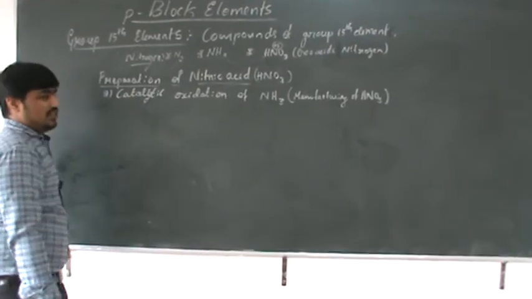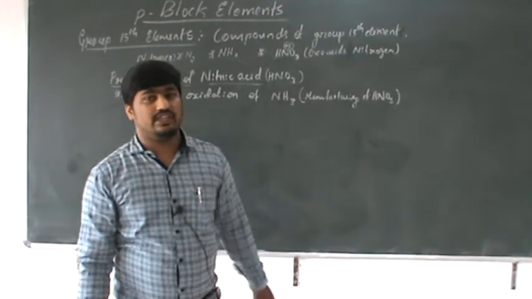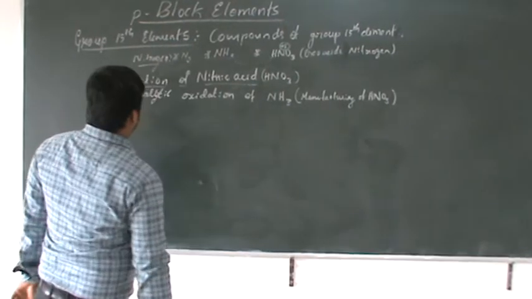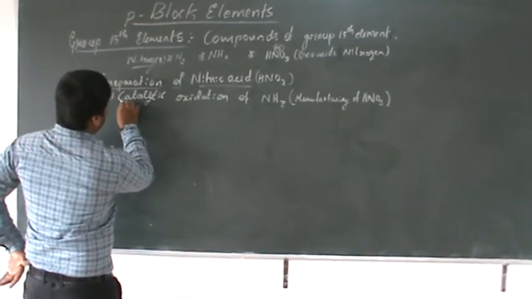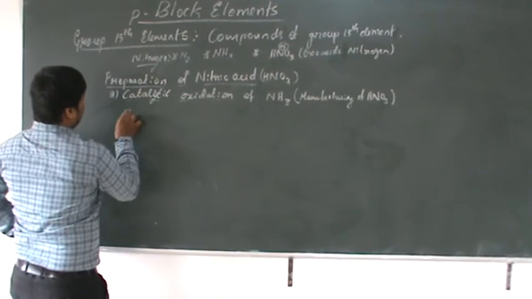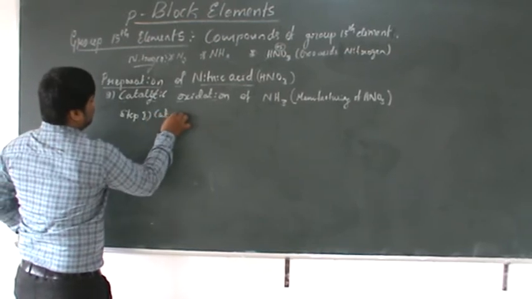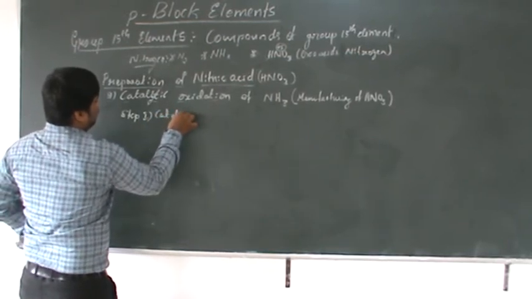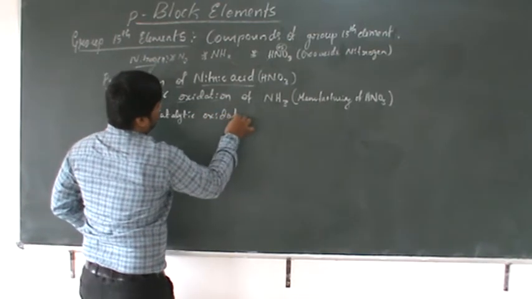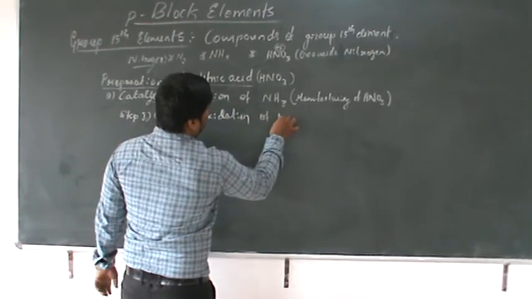What happens in this case? It involves three steps. A flowchart is not needed for this case. The first step, as the name itself says, is catalytic oxidation of ammonia.